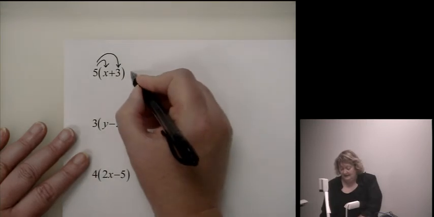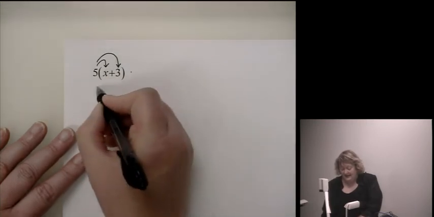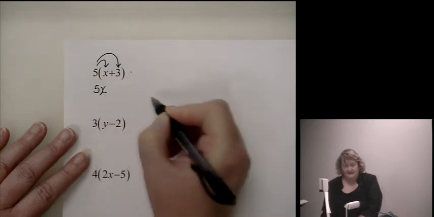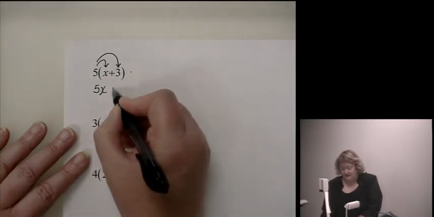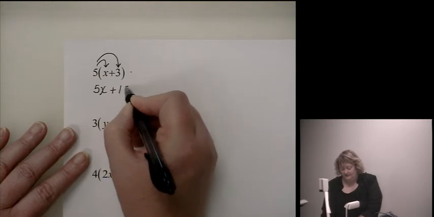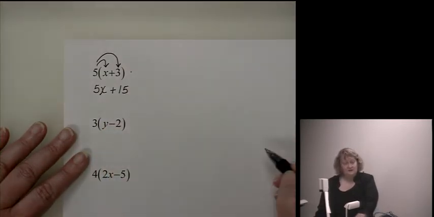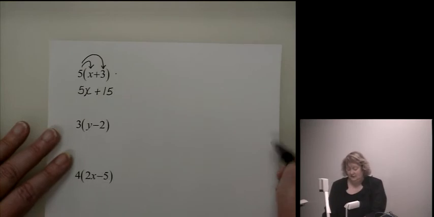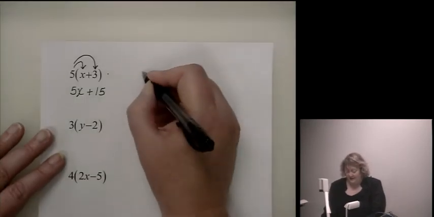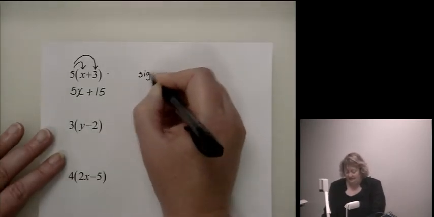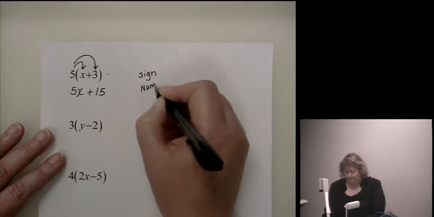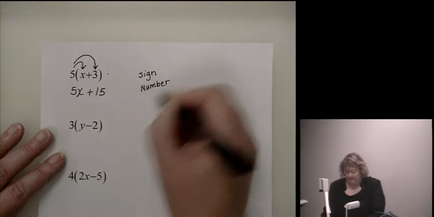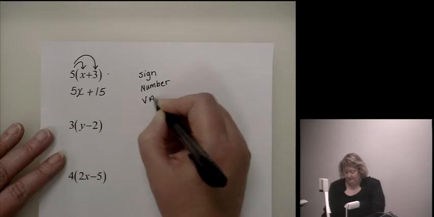In this case, that gives us 5 times X, which is 5X, and then 5 times 3, which is a positive 15. And as I do these, I always tend to do it in this order. I think about my sign, my number, and then my variable.